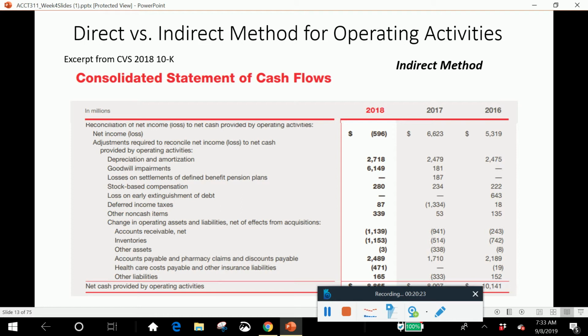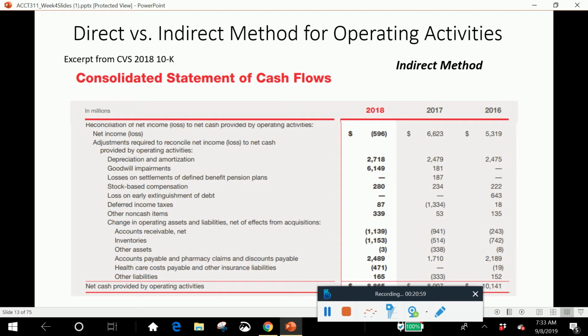Okay? What we're saying here is that accounts receivable had $1.139 billion of cash outflows. What this means then is that the balance of accounts receivable, the balance sheet balance of accounts receivable actually increased from 2017 to 2018.